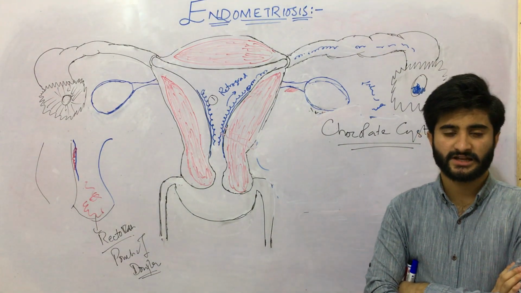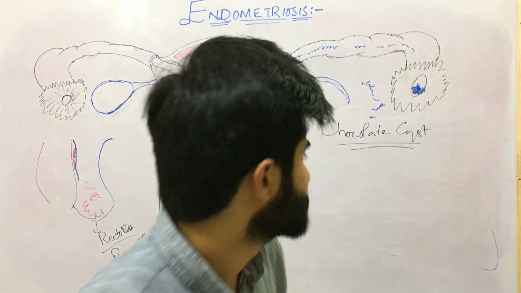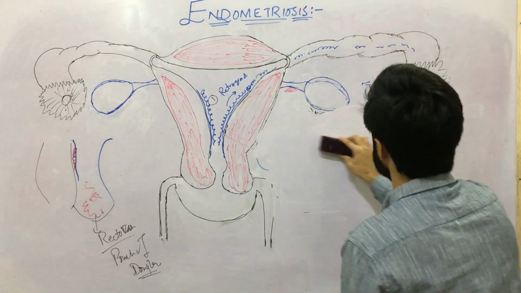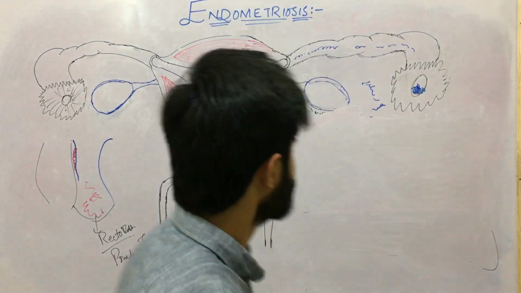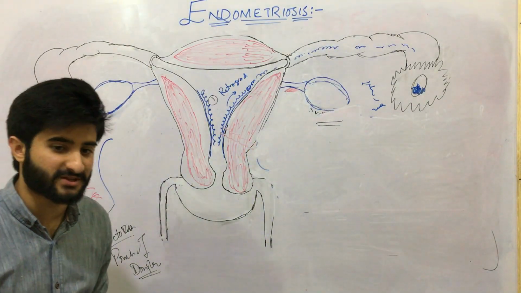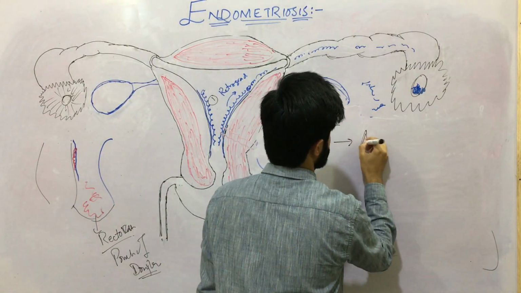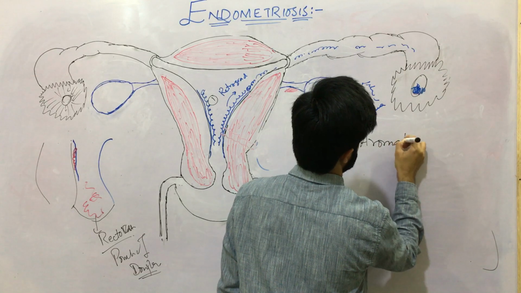So dear students, till now we have discussed that endometriosis is present somewhere. It has two distinguishing features: this endometriosis is not normal tissue, it is abnormal tissue, and it has aromatase.